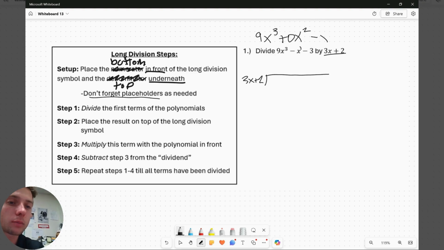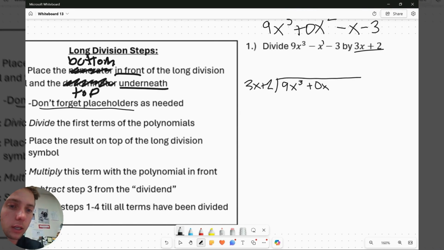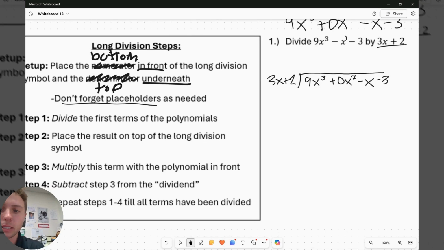All of our other terms can stay the same, but we did just need to make that change in order to go through this problem correctly. So taking what we determined is our polynomial that goes on the bottom, now we have it written out here: 9x cubed plus 0x squared minus x minus 3. Now we can go through these steps.